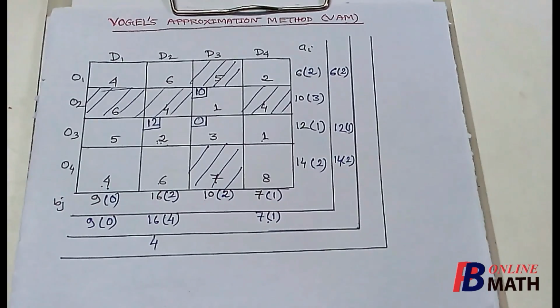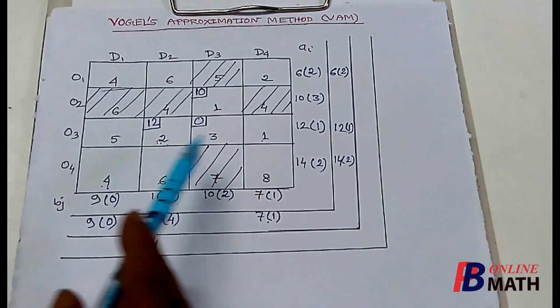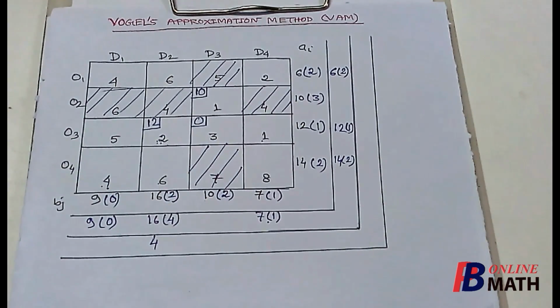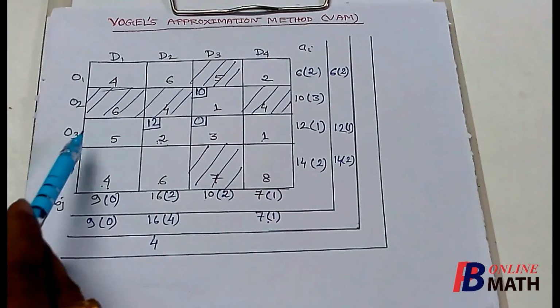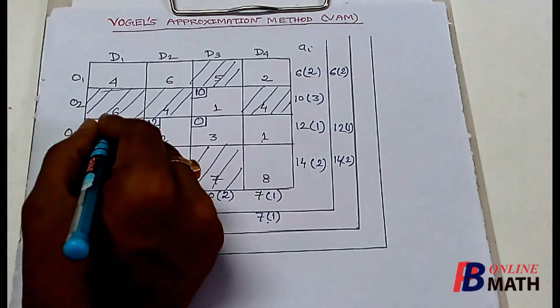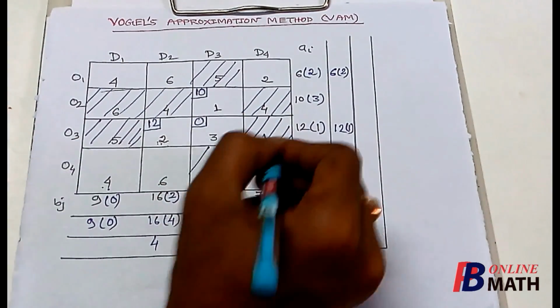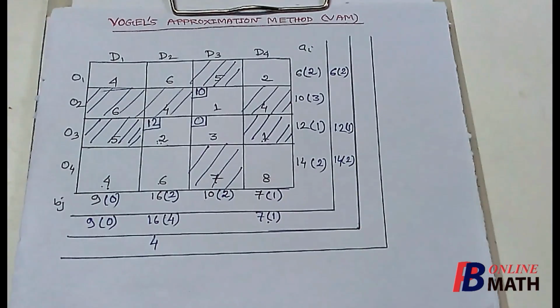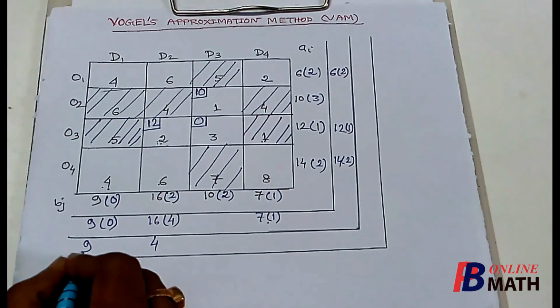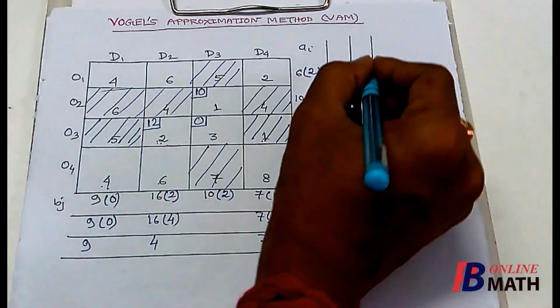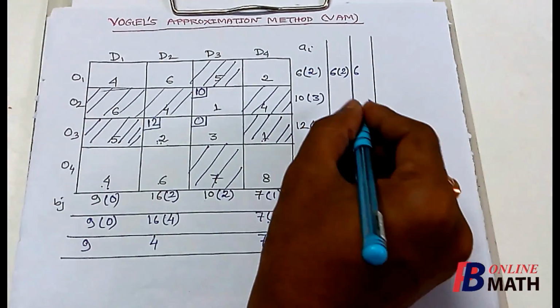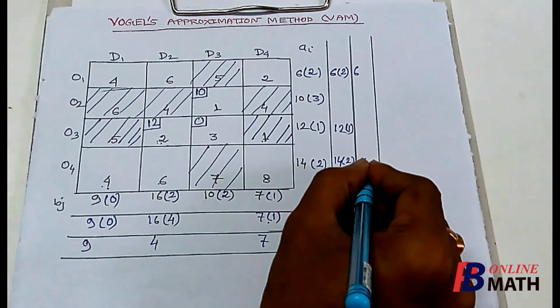So the capacity of the origin O3 is exhausted. So we can simply cross off all the remaining cells of this row. So we can cross off this cell, and also we can cross off this cell. Now we find the revised capacities and demands. So these are 9, 4, it is 7, it will be 6, it is 0, 0, and this is 14.